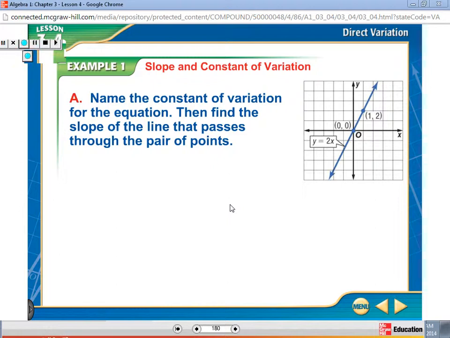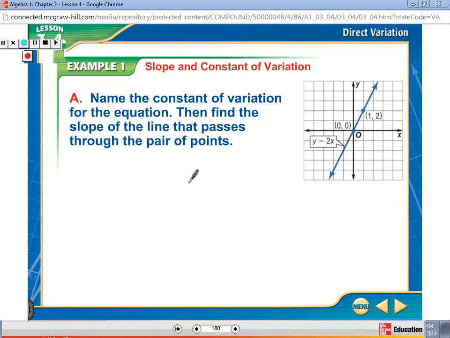Here's what you need to know: the equation is y equals 2x. Remember, our formula was y equals kx, so here you should deduce that k is 2. So k is your constant of variation, so it's 2.